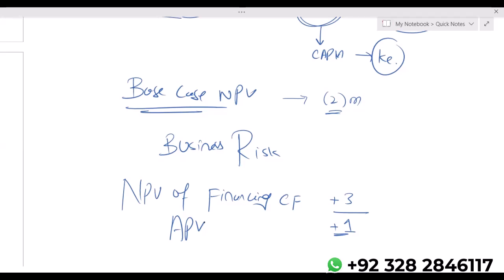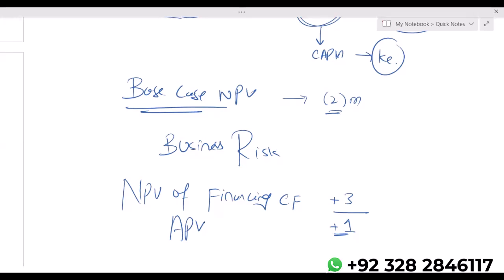Okay, now just try to understand. Let's say the base case NPV of this project is negative 2, which shows that after making investment in this project, you will not be generating anything from the operating cash flows. You will actually be losing $2 million. But look at the NPV of financing cash flows, which is positive 3 million.